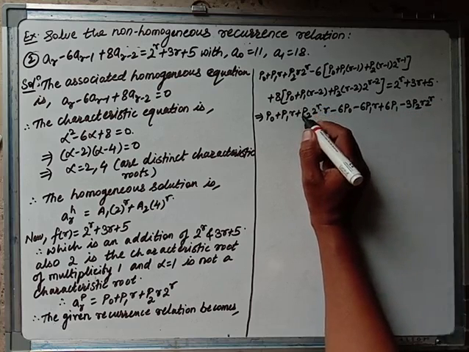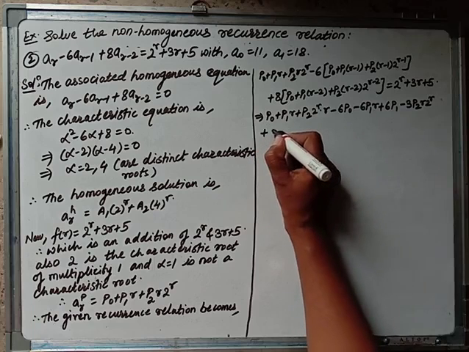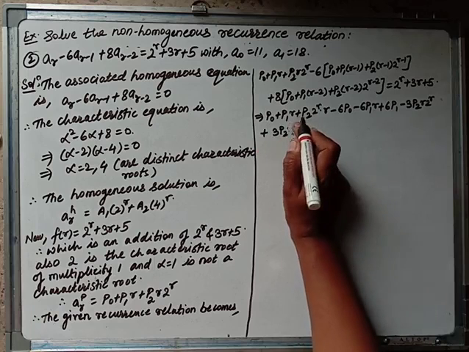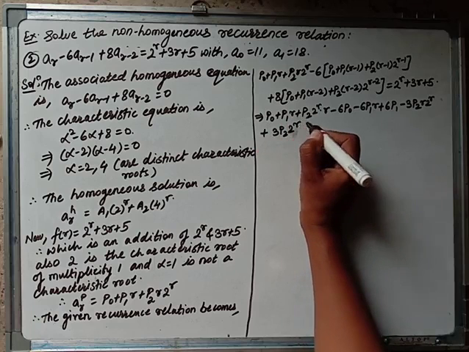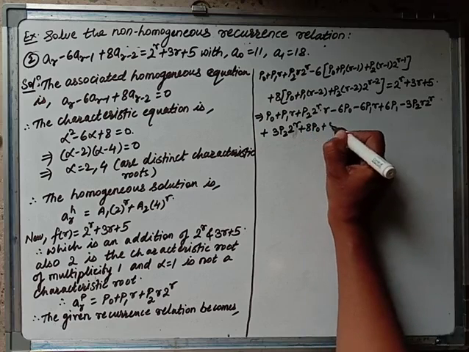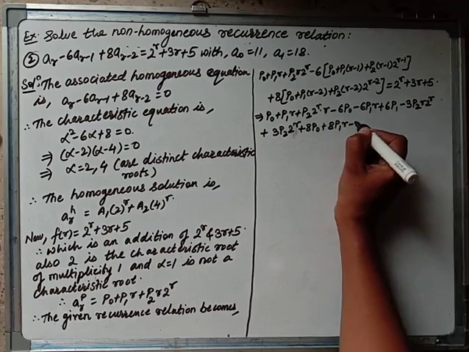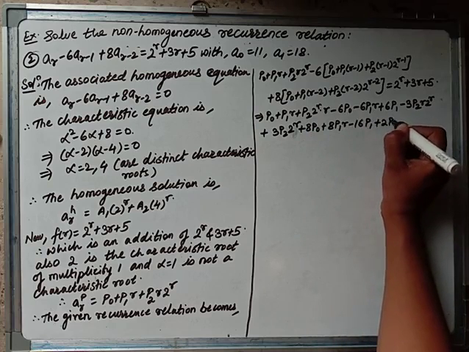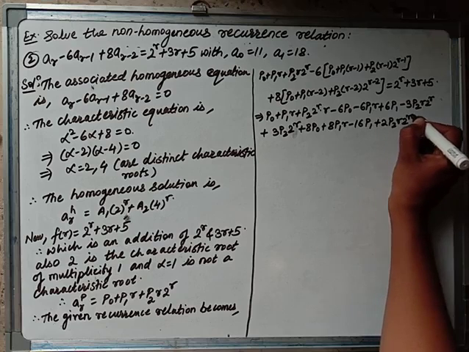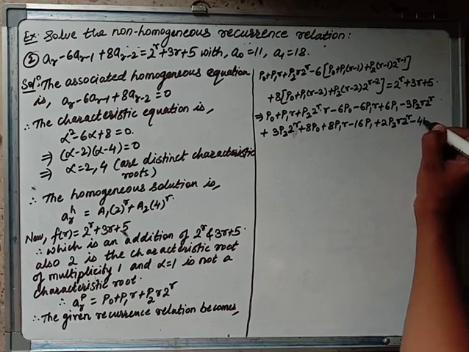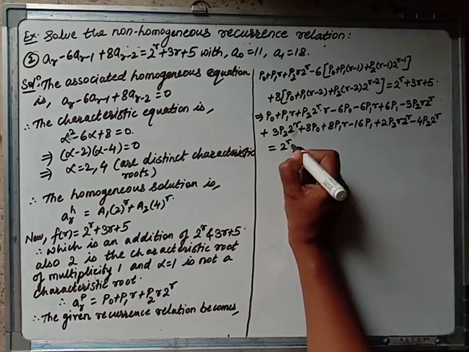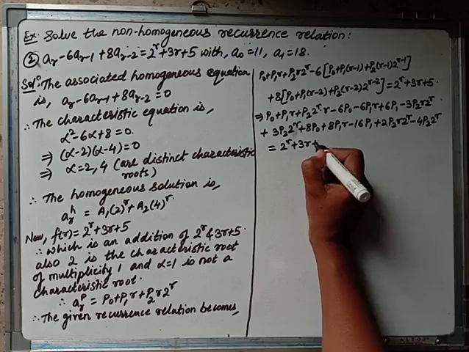Again, plus 3 P2 2 raised to r plus 8 P0 plus 8 P1 r minus 16 P1 plus 2 P2 r 2 raised to r minus 4 P2 2 raised to r, and that is equal to 2 raised to r plus 3r plus 5.